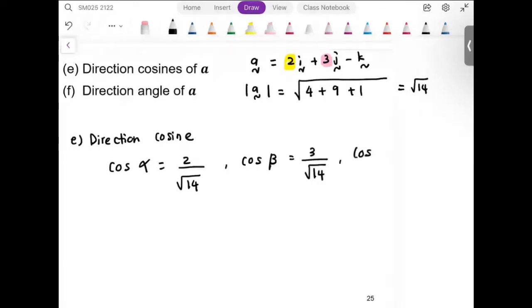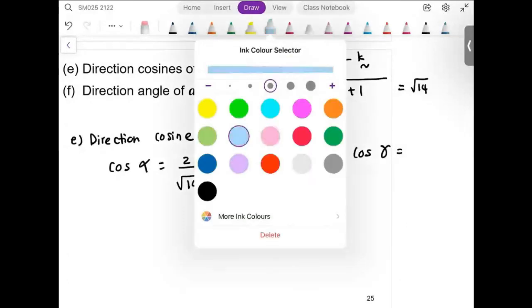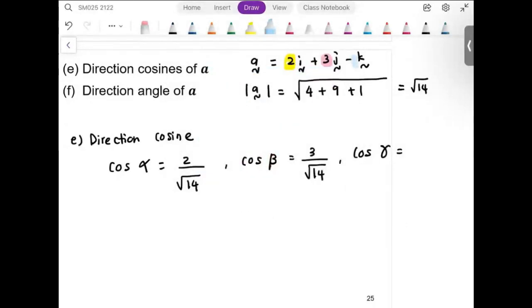And last one for cos gamma, kita akan pilih elemen K. So we have, hati-hati ya, negative 1. Ada negatif over root 14. Okay, dah siap. Itu je untuk direction cosine.